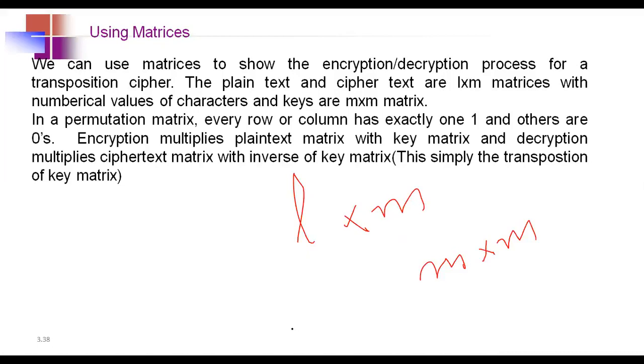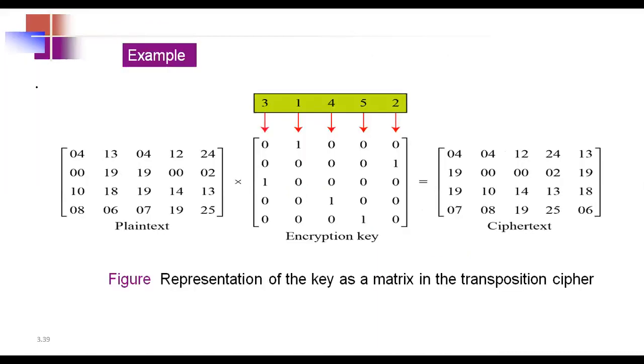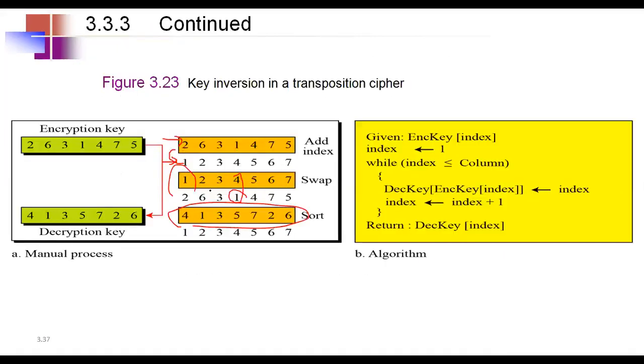Each and every row and column of the key matrix should contain exactly only one 1, and all the remaining entries are zeros. See here, assume this is the plain text. As per our integer assignment to the alphabet, what is our plain text?